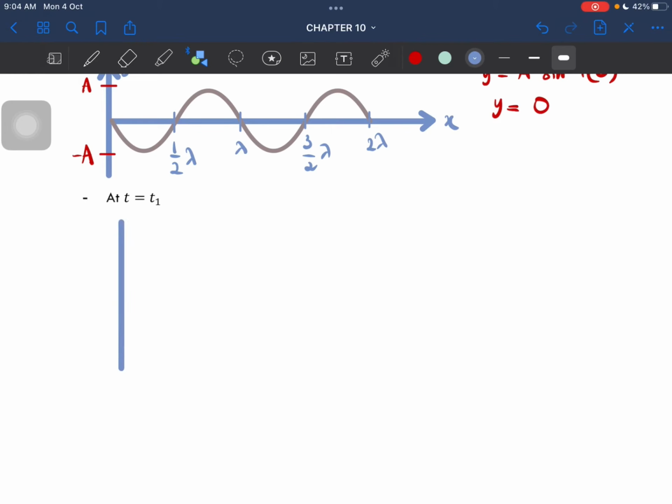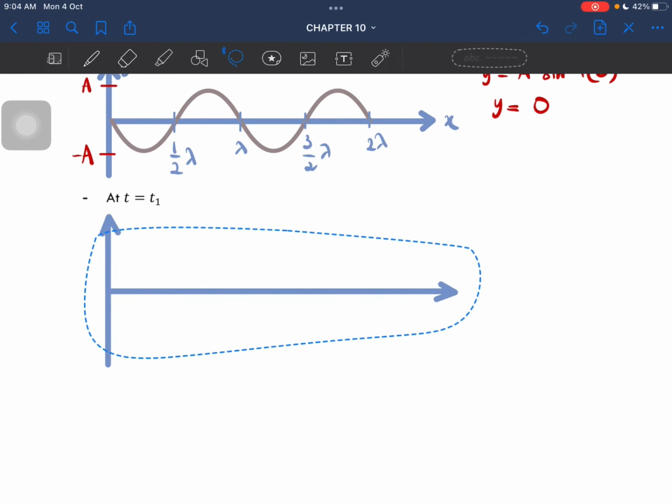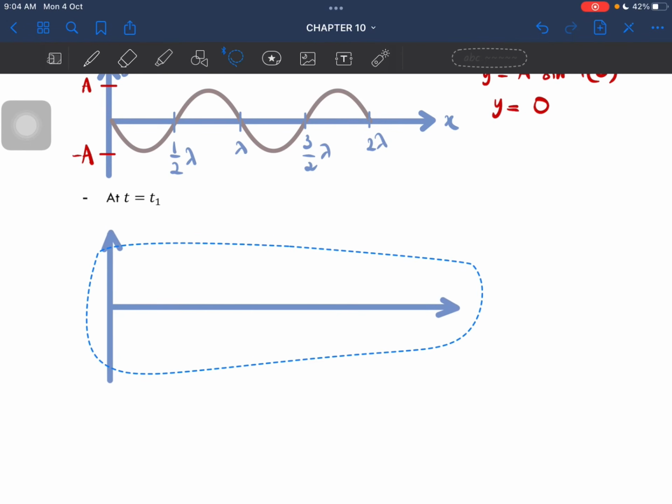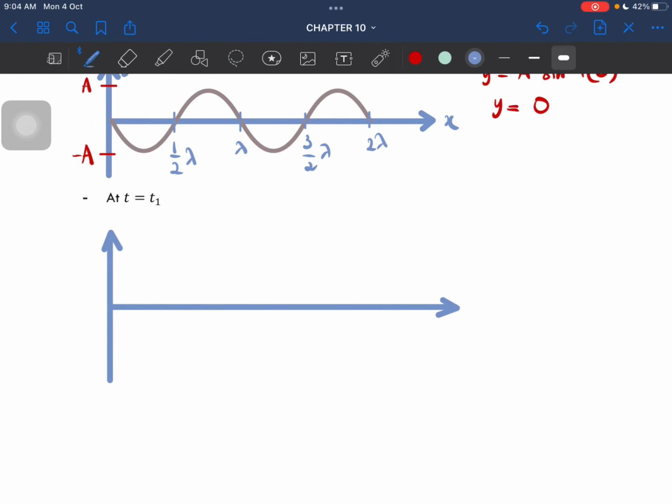Okay, now let's do it for when it is at t1. I'm going to try to do the same way. Okay, so this is y, this is x.